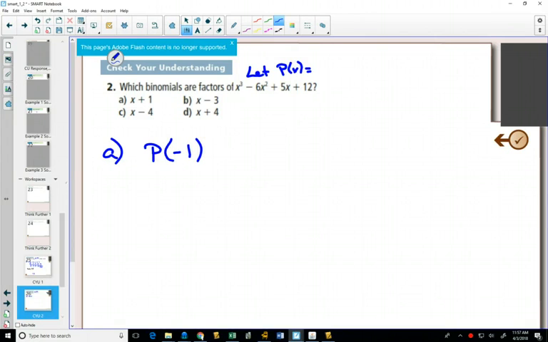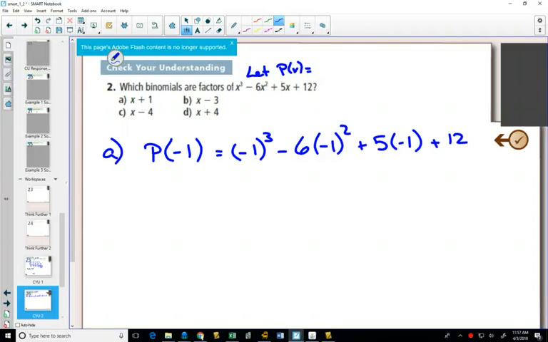And -1 is really easy to calculate powers of. So I'll just write it in: -1 cubed minus 6 times -1 squared plus 5 times the -1 plus 12. -1 cubed will be -1. This will be positive times the -6, -6, minus 5 plus 12. And this is equal to 0.